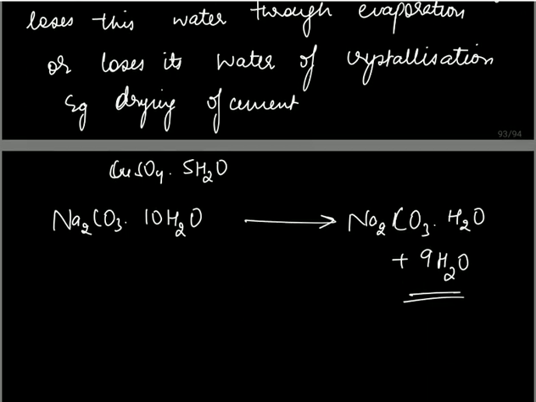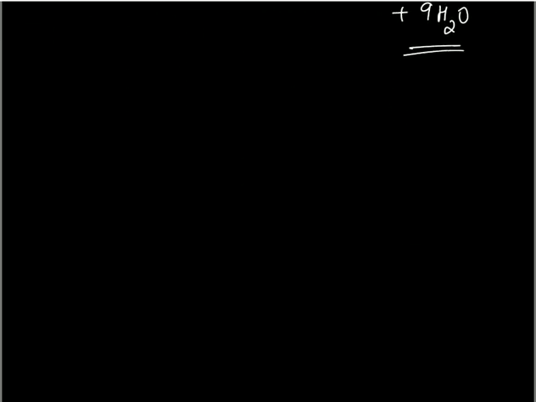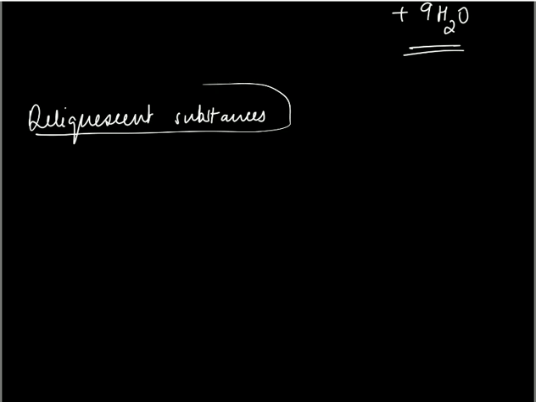Then we go to deliquescence, another property, deliquescent substances. So deliquescent substances, we can even call them desiccants. They absorb water out of air, so they keep absorbing water until they dissolve themselves into it.